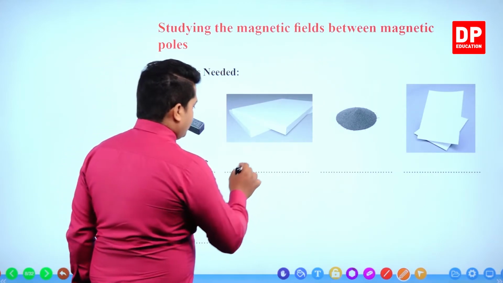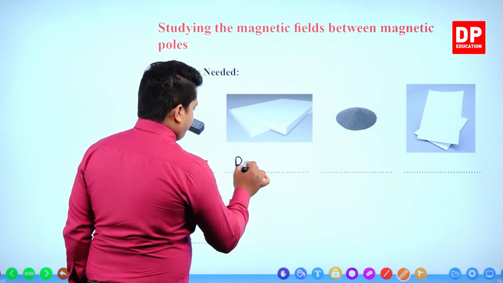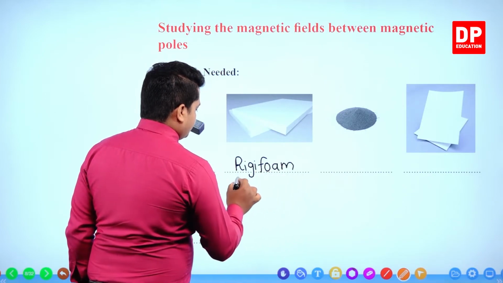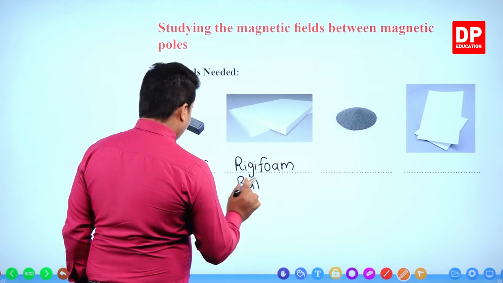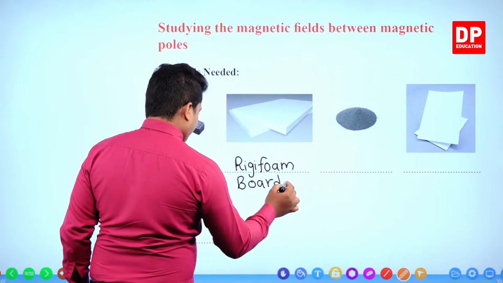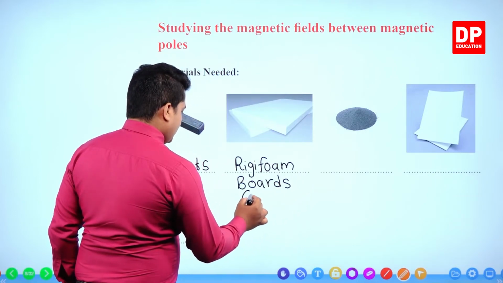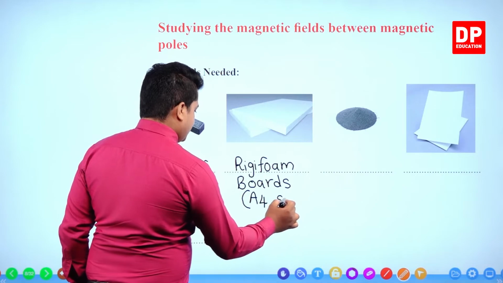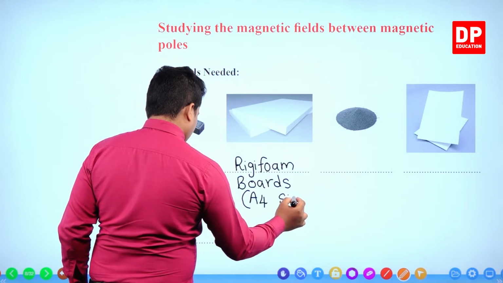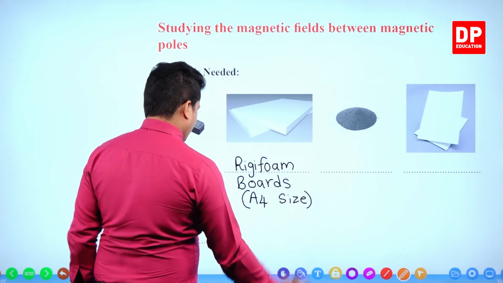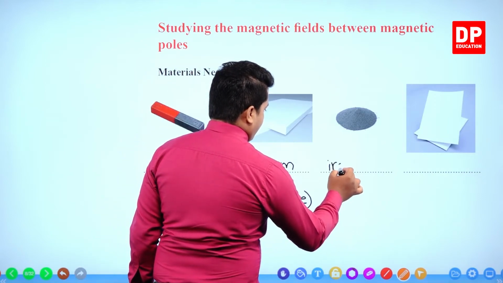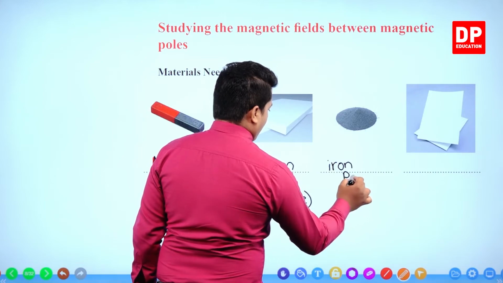Remember, they should be A4 size. Then once again we'll be needing iron powder, as we are observing the magnetic field.